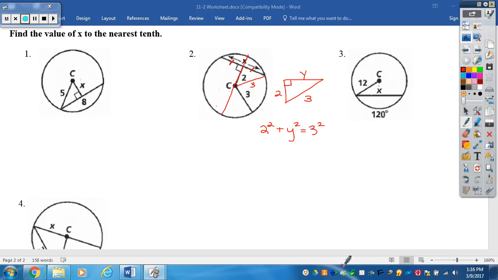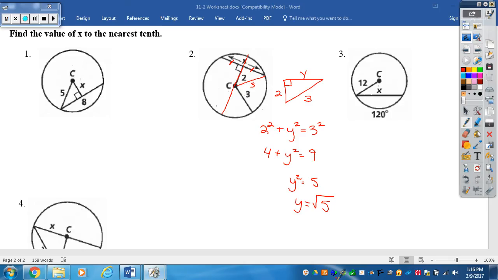Okay? We then subtract 4 from 9. And then we square root 5. Now, the factors of 5 are just 5 and 1. It's prime. Okay? So we can leave it like that.